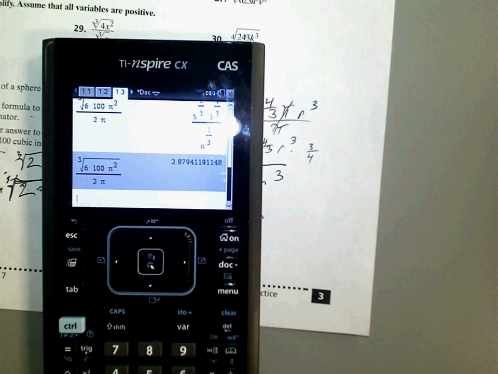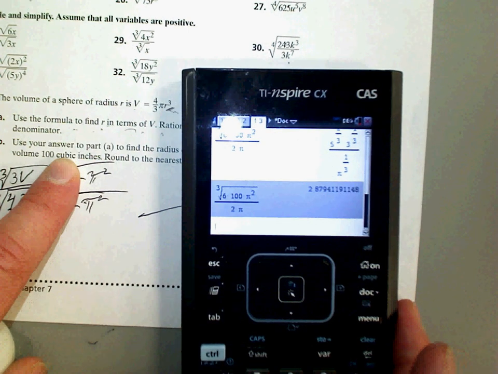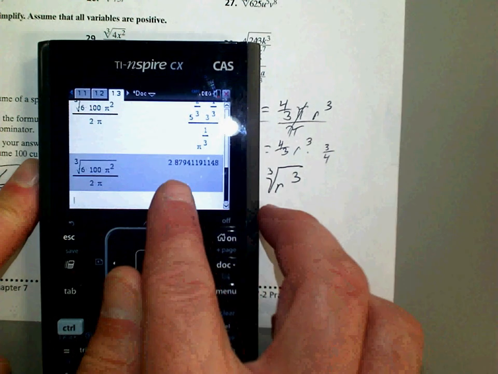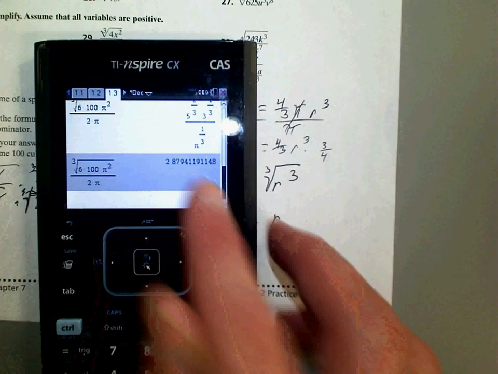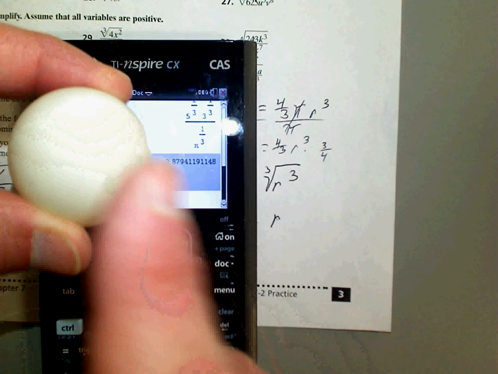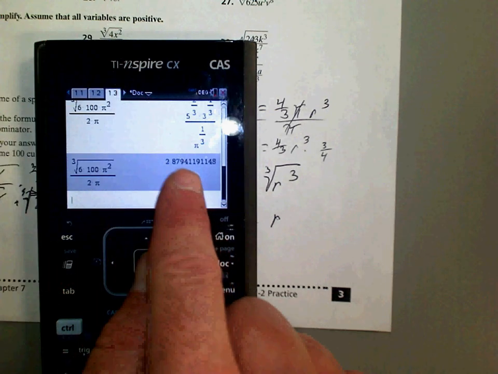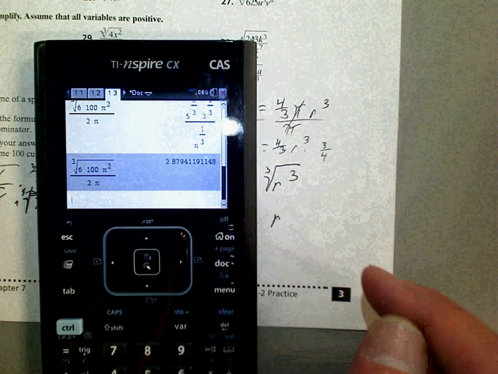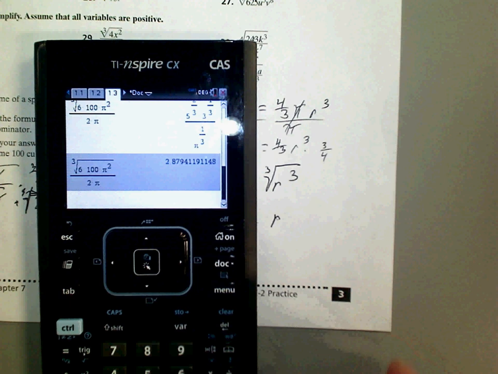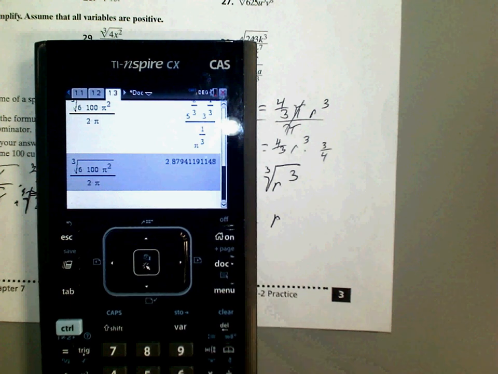I did not imagine that something that was 100 cubic inches would be a sphere whose radius was 2.8. Think about a sphere with a radius that's like 2 3/4. How big is that sphere? Anybody?